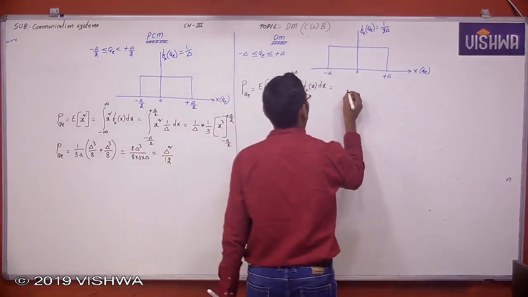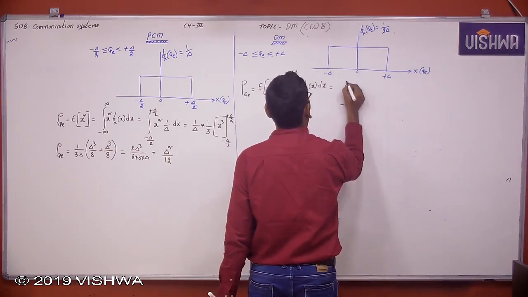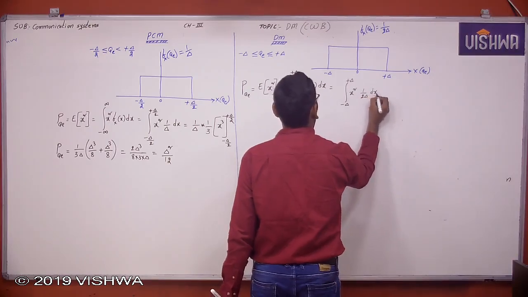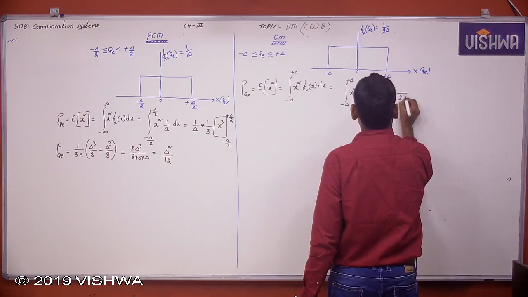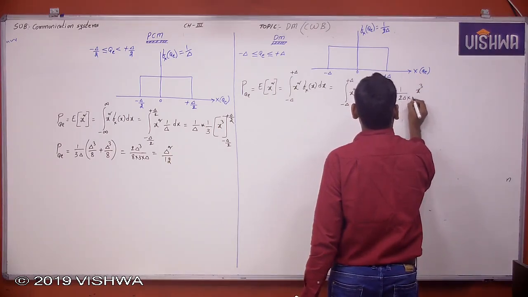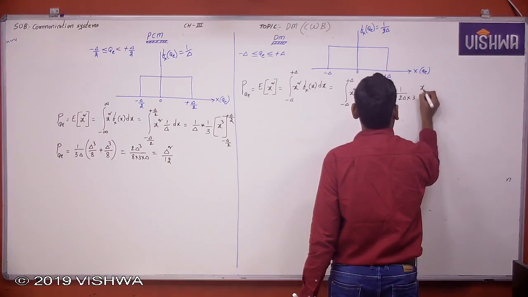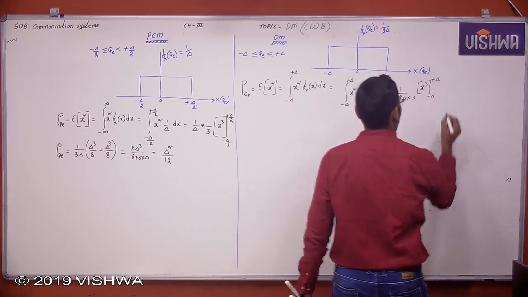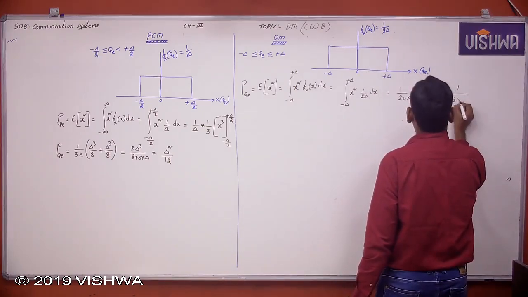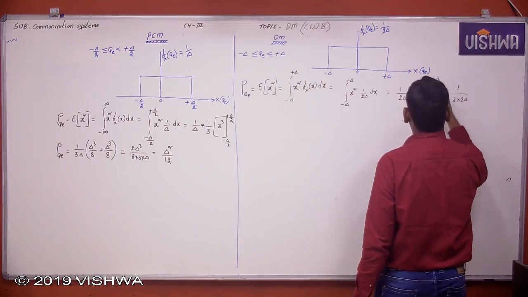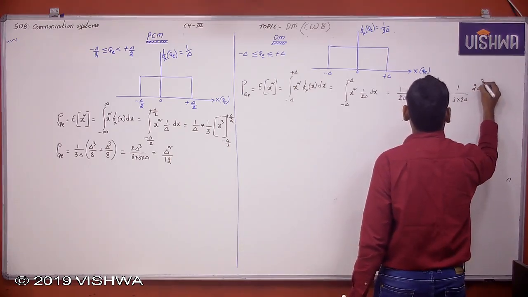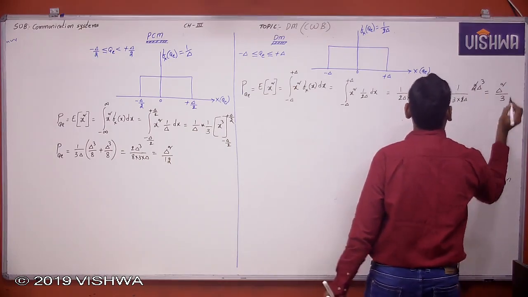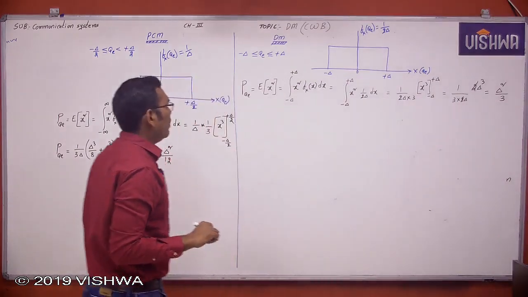Here fx of x is 1 by 2 delta into dx, which is equal to 1 by 2 delta into x cube by 3, over the limits minus delta to plus delta. Which is nothing but 1 by 3 into 2 delta, which is delta cube minus of minus delta cube, which is equal to 2 delta cube. This 2 cancels. Therefore, this is delta square by 3, which is the quantization noise power of a delta modulation.